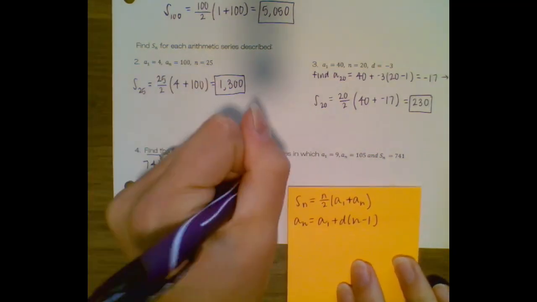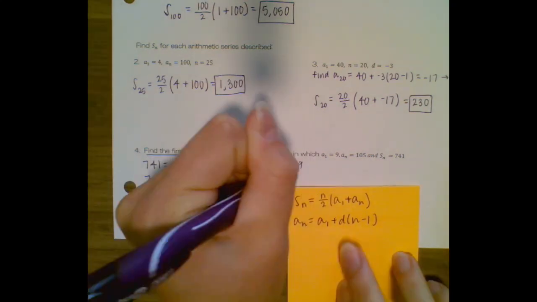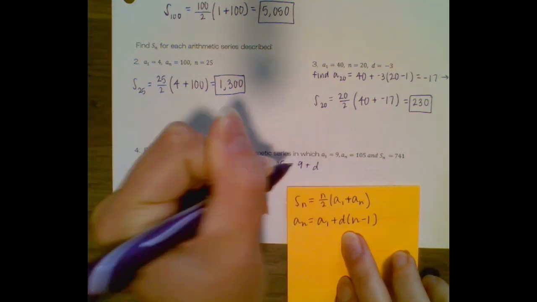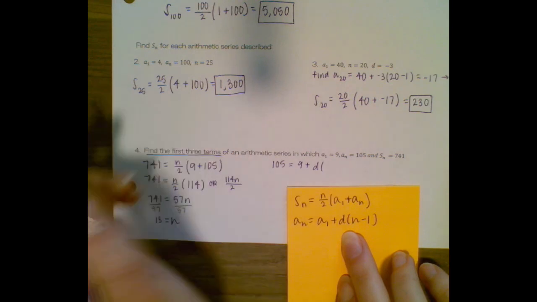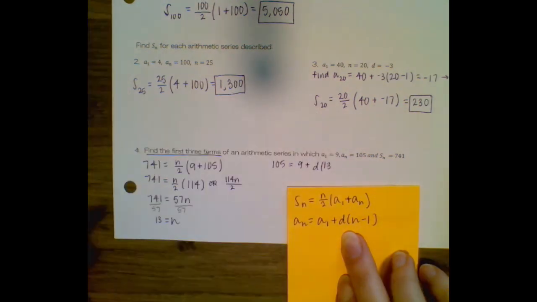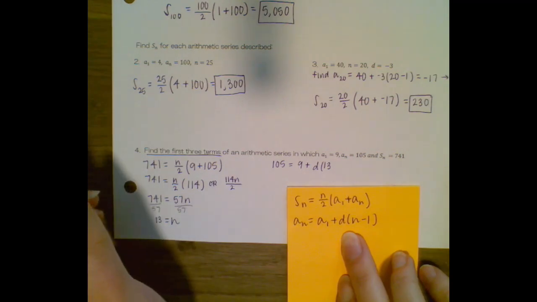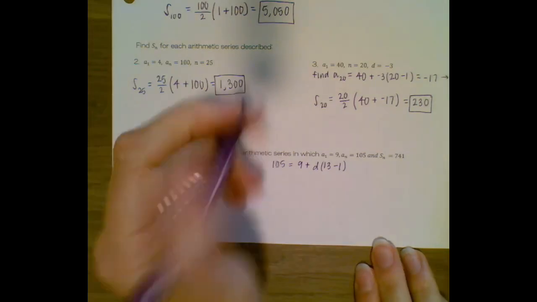So a sub n is 105 equals the first term, so 9, plus d, we don't know what the common difference is yet. And then we know that n was 13. We found that using the arithmetic series formula, minus 1. All right, let's go solve for d.